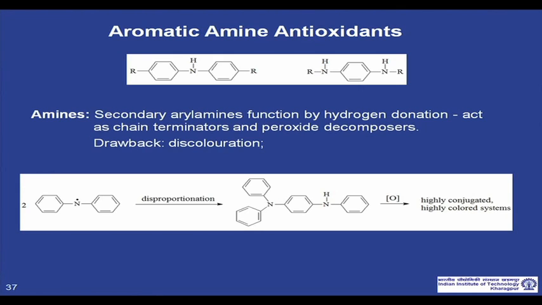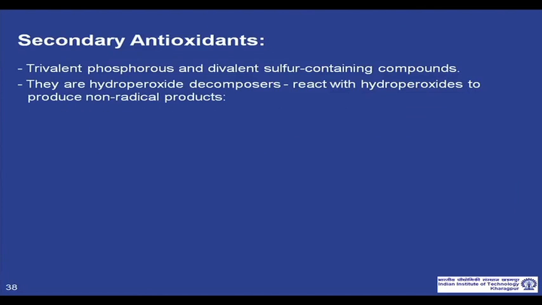For example, primary antioxidants work by trapping the radicals, and thereby increasing the termination reaction. Secondary antioxidants, the hydroperoxide decomposers, react with hydroperoxides and produce non-radical products. Examples are divalent phosphorus and divalent sulfur containing compounds, phosphites, thioesters.